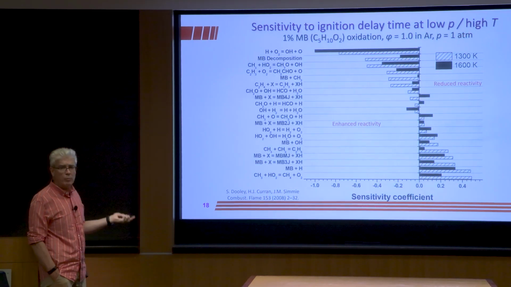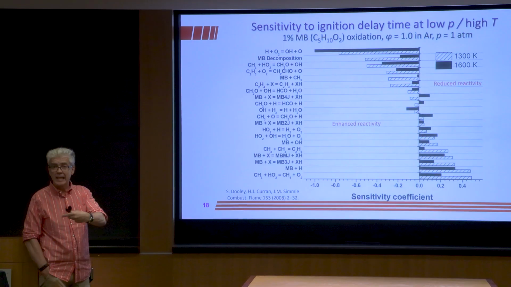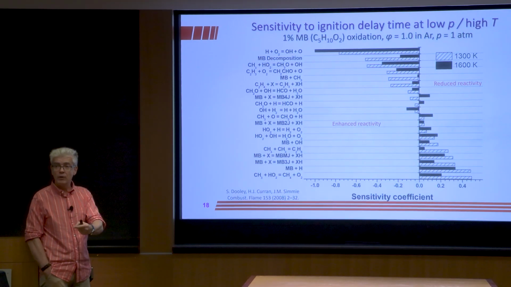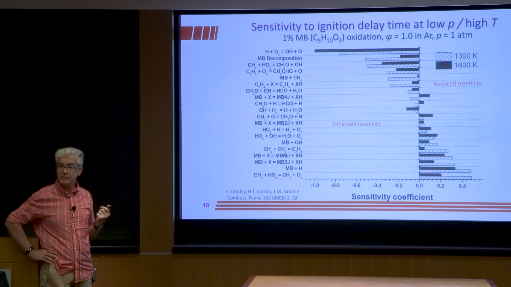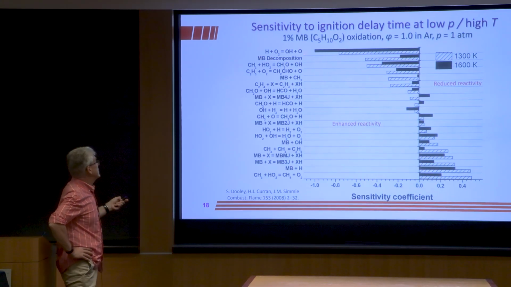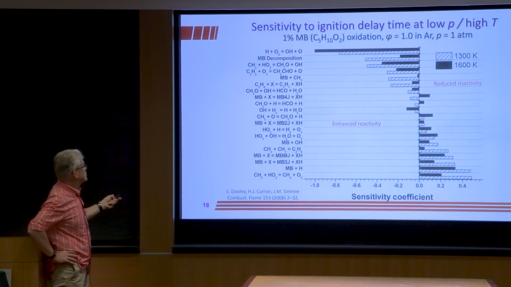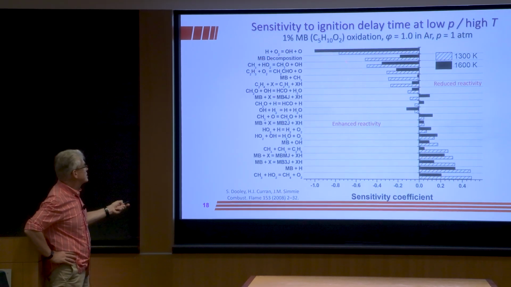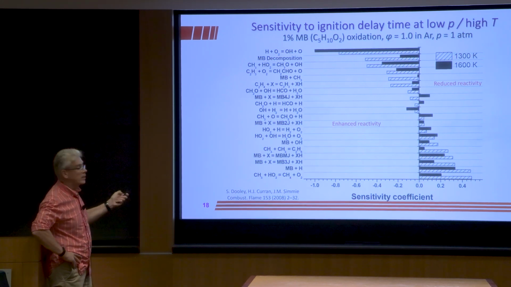So at low pressure and high temperature, we're in the high temperature kinetics condition. And in that condition, you're going to see a sensitivity analysis for any fuel that will look like this, right? Not surprisingly, H plus O2 gives O plus OH has huge sensitivity, big bars, at both 1300 and 1600 Kelvin.